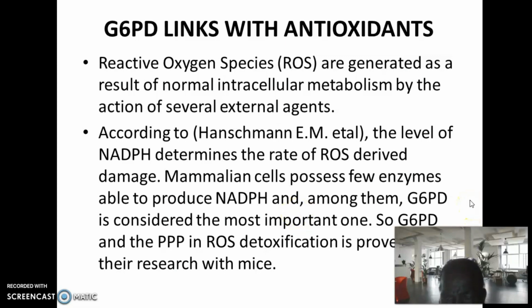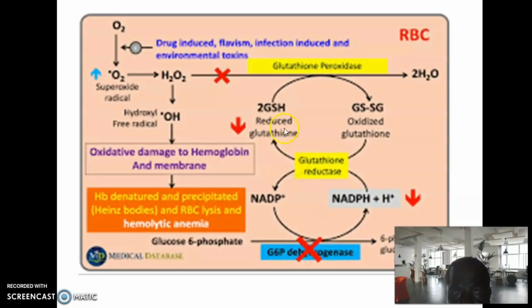So G6PD and the pentose phosphate pathway in ROS detoxification is proven in their research with mice, and you can then project that in future the G6PD may be a source for anti-aging.